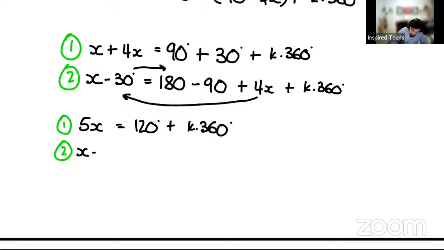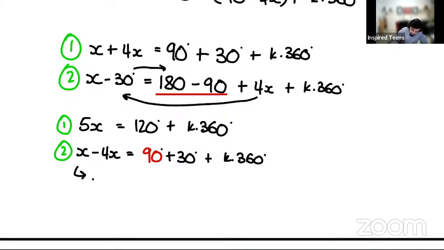So it actually becomes x minus 4x this time is equal to 180 minus 90. 180 minus 90 is actually 90. I bring the 30 over, it becomes plus 30 plus k times 360. Then I'm just going to simplify this. This becomes negative 3x is equal to 120 plus k times 360.